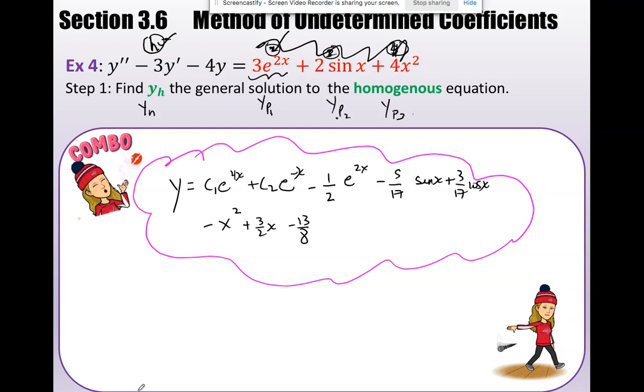So the problems I gave you from the book tonight are either a second order non-homogeneous differential equation where the right-hand side is exponential, the right-hand side is a sine or cosine, the right-hand side is a polynomial, or the right-hand side is a combination of all three or two or whatever.